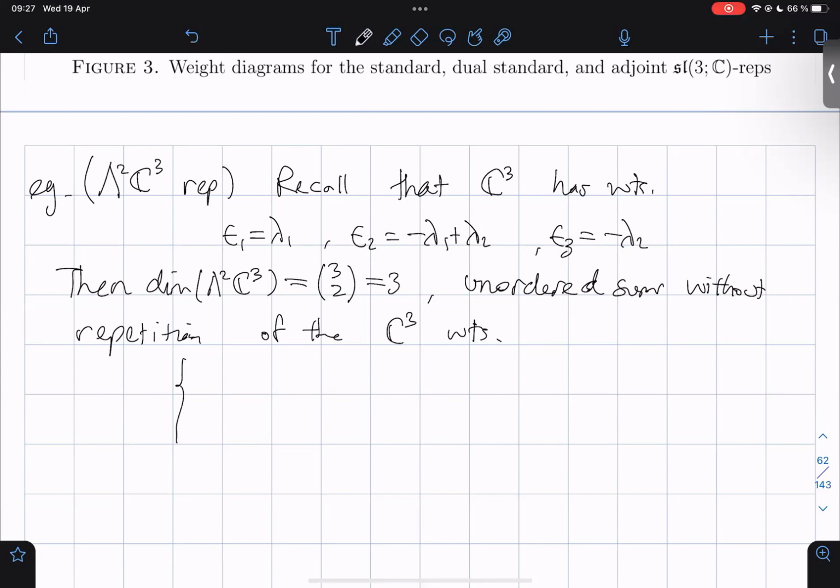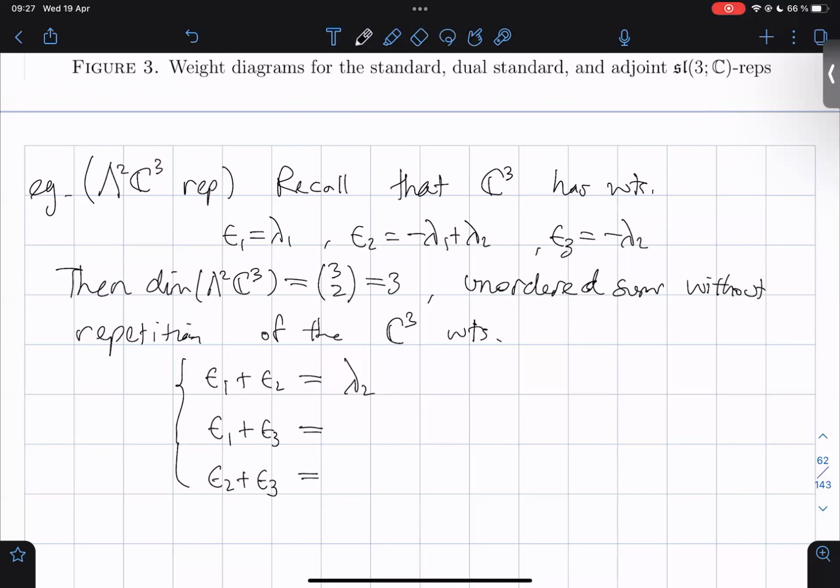So this means, for instance, epsilon 1 plus epsilon 2, epsilon 1 plus epsilon 3, and epsilon 2 plus epsilon 3. Okay, I don't do epsilon 1 plus epsilon 1, right? Because if I take the wedge product of a vector with itself, then I get 0. Okay, weight vectors are always non-zero.